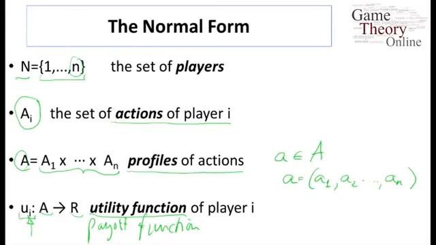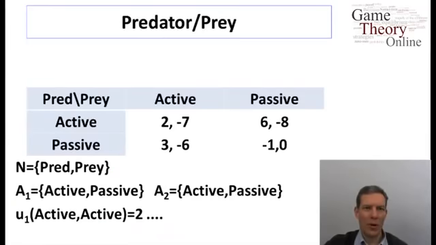So just in terms of examples, if we go back to our predator-prey relationship, here N was the set of 2 players, the predator and the prey. They each had action spaces, in this case, that were identical. They could either be active or passive, so they each had 2 actions available.